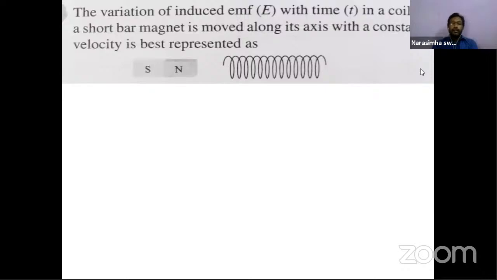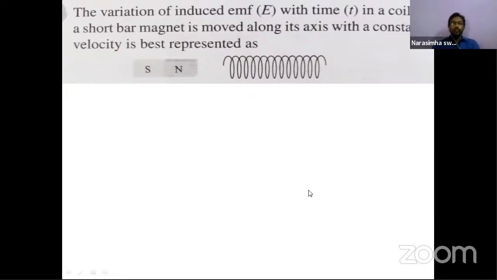Here is a problem related to the solenoid. The variation of induced EMF E with time t in a coil, if a short bar magnet is moved along its axis with a constant velocity, is best represented as which? They're asking how we can represent the variation of induced EMF with time.